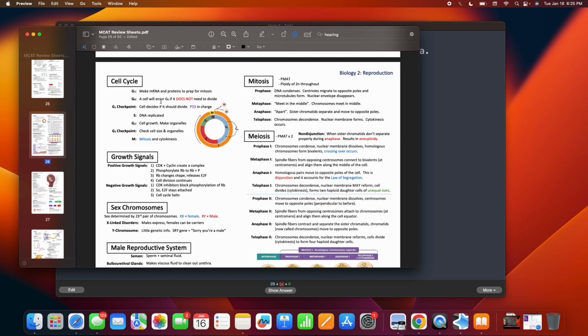So if you don't need to do mitosis, you will enter G0. And then you have two checkpoints, G1 and G2. For G1, the cell divides if it should divide. If the cell needs to divide, the cell can decide for itself at the G1 checkpoint, and there is a protein, P53, in charge of that.